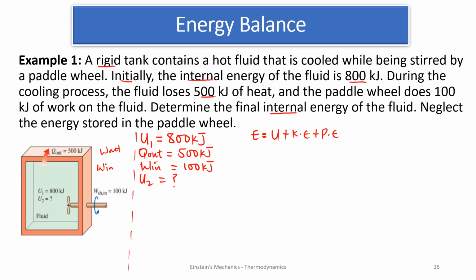And we learned from our previous lessons that anytime a system is stationary, the velocity will be zero, meaning kinetic energy will approach zero. Then the change in height of the system is constant, so there's no change in height, making potential energy go to zero.